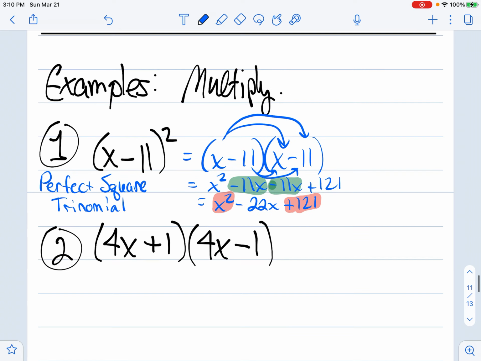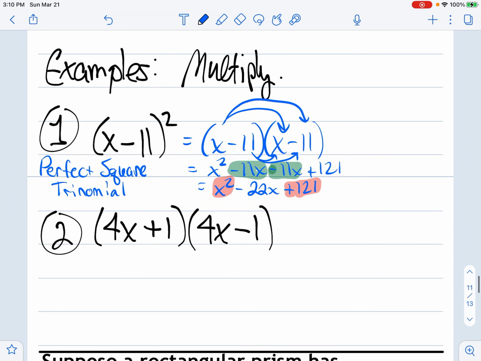Now, looking at the next example here, we're just going to go ahead and multiply this one out also. I'm going to let you do that on your own, okay? I'll pause for a second. Okay, so we have 4x times 4x, that becomes 16x squared.